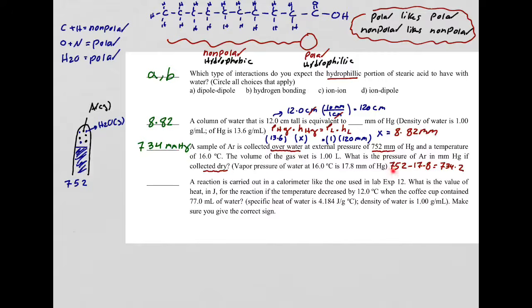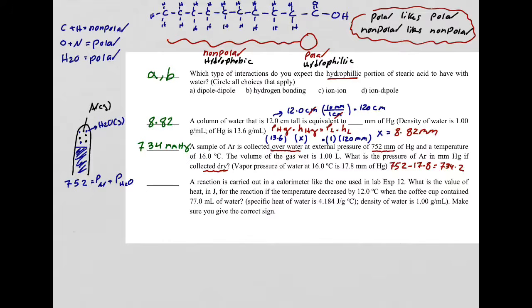So I subtracted that. If I had not collected over water, it would just be that, because I subtracted the water vapor out. Hopefully you got this down. Because remember, this is the argon pressure plus the H2O pressure, so you will have to subtract the water from it.